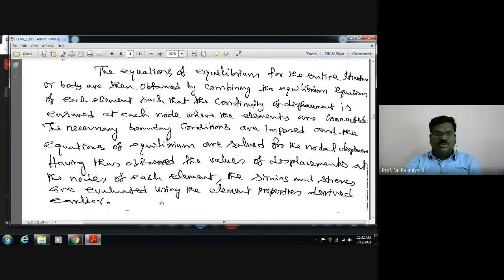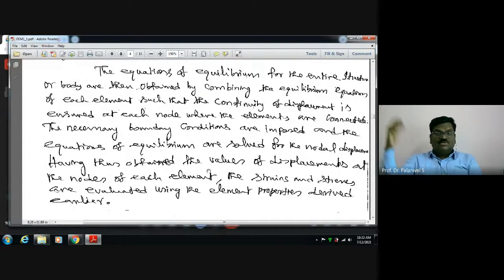I simply told you, having obtained the values of displacement. Even obtaining the solution is not easy. Please, all of you listen. For simple problems, a 2 by 2 matrix or a 3 by 3 matrix, you can manually obtain the solution. But in a real problem, you are going to consider several elements, thousands of elements, and discretize the body into them.